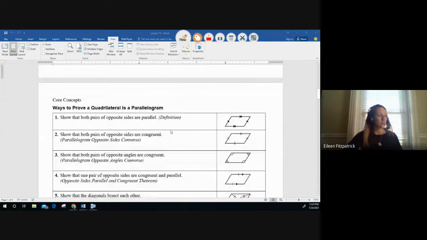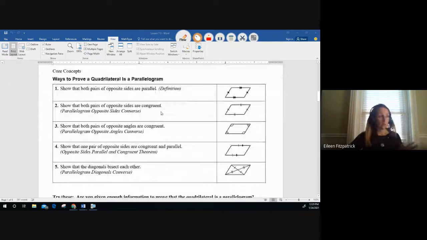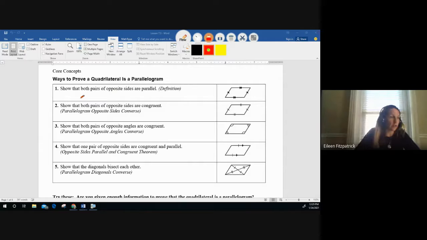Okay, so this next chart just goes over what we just went through. I'll write the justifications one more time. Ways to prove that a quadrilateral is a parallelogram. You can show that opposite sides are parallel. That's the definition. So let's write that: opposite sides parallel implies parallelogram by the definition. You can show that opposite sides are congruent. So opposite sides congruent implies a parallelogram. You can show that opposite angles are congruent.